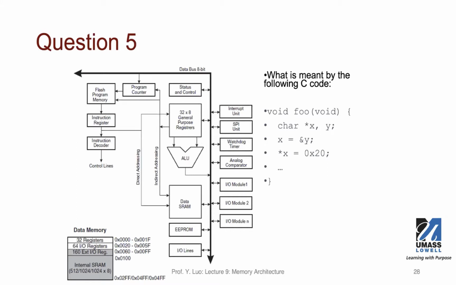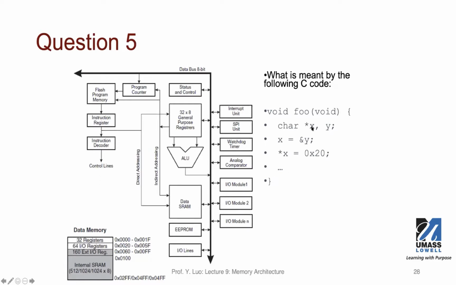Oh, there's one more. Okay, so what are we doing here? I have 2 variables because they are declared inside the function. So both of them are going to be on the stack. They will be allocated when you enter this function, and they will disappear when you exit from the function.